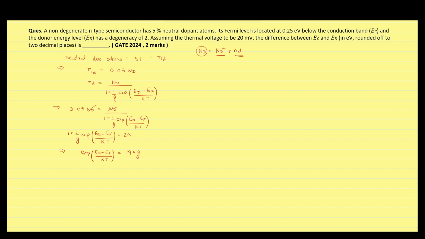You know that the value of the degeneracy factor is given to be equal to 2. The thermal voltage, which is kT by q, is given to be equal to 20 millivolt, and we can find the value of kT to be equal to 20 milli electron volt.